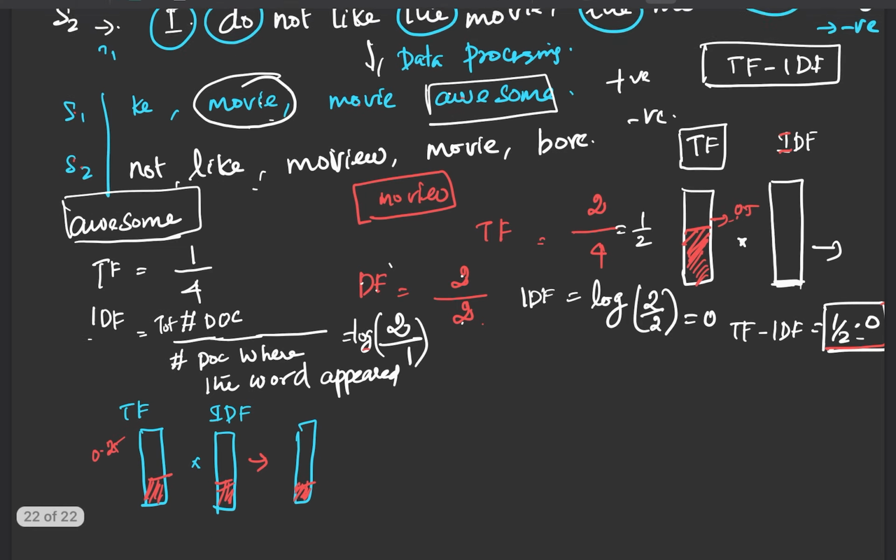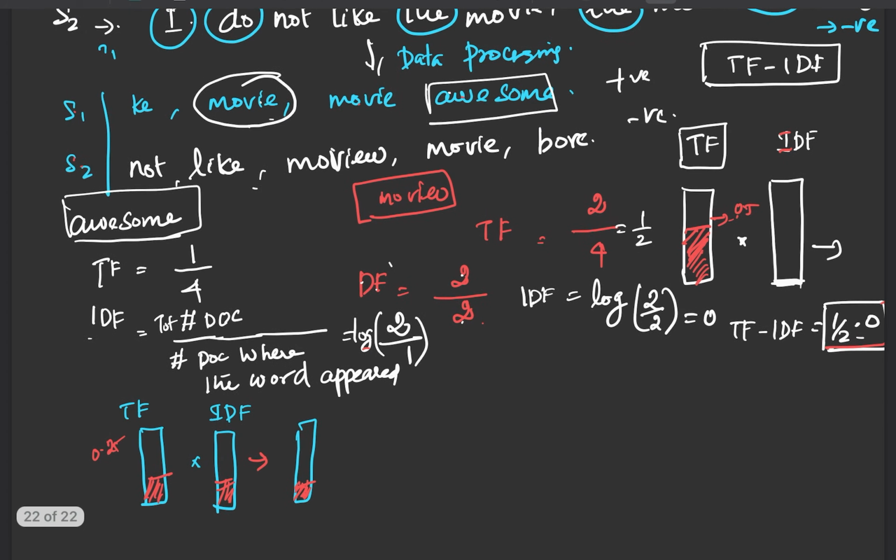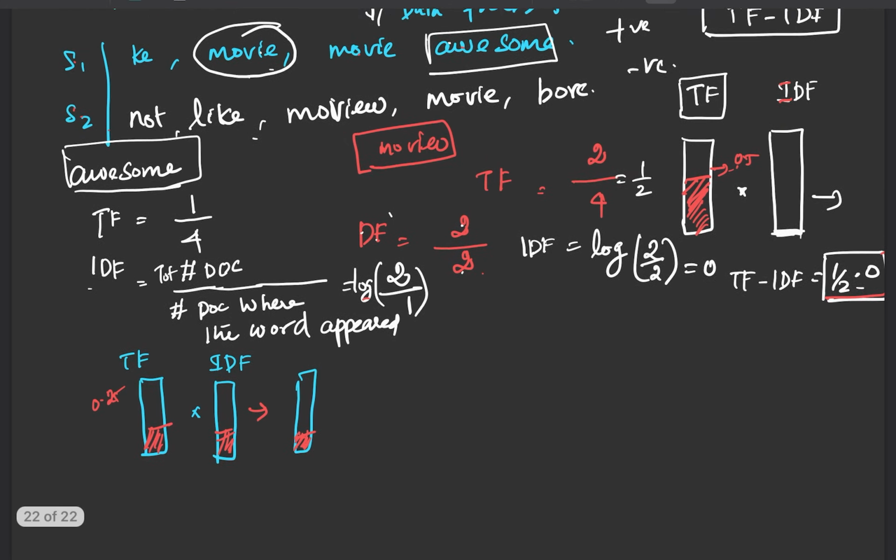So maybe for the entire feature extraction, we will see how we can do it. We have done this for S1 and S2. Now we will see how we can extract the features using TF-IDF.